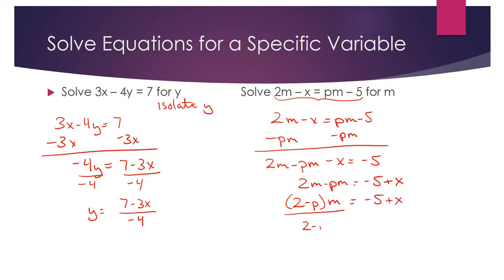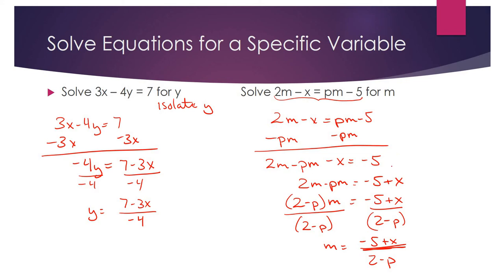Now if I divide everything by 2 minus p, I will get m equals (negative 5 plus x) over (2 minus p). I can put the parentheses there, but I really don't need them because the fraction bar acts as a parentheses, and there's my isolating the m.